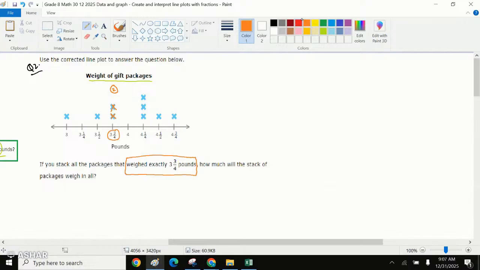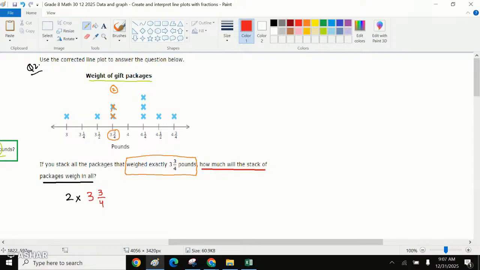So the question changes over here, and they are saying, how much will the stack of these packages weigh in all? So we know that there were two packages having the weight of three and three quarters, right? So we need to find the total weight.